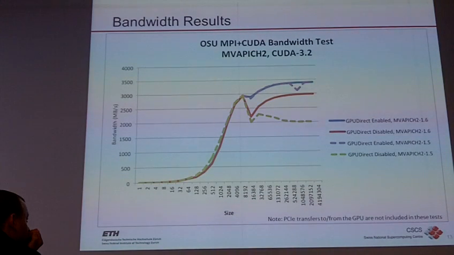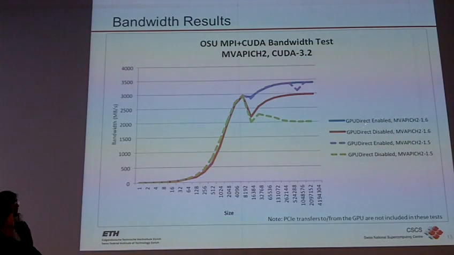So the code I showed earlier, CUDA together with MPI, the Ohio State bandwidth test. These are the results using 2 nodes on the system. On the x-axis you have message size in bytes, and on the y-axis you have bandwidth, and of course, as we know, higher is better.